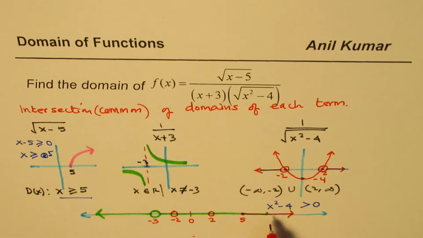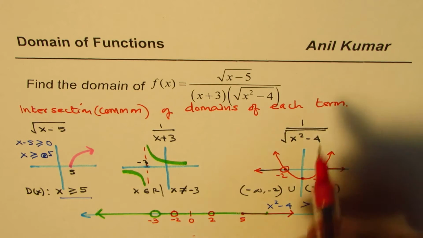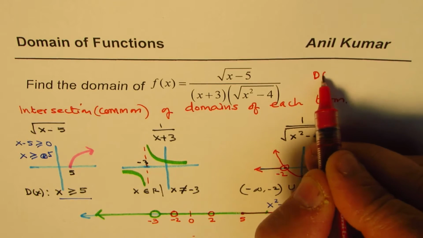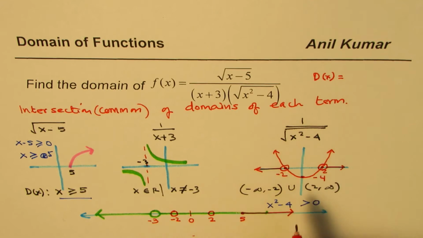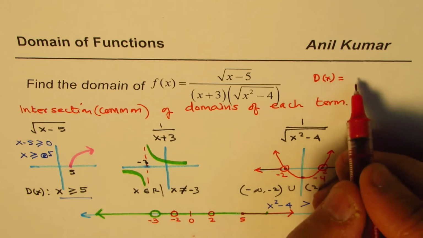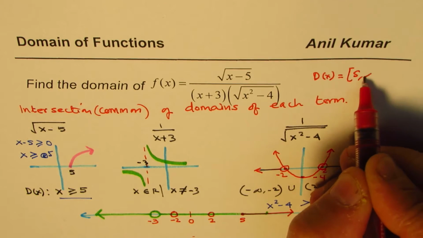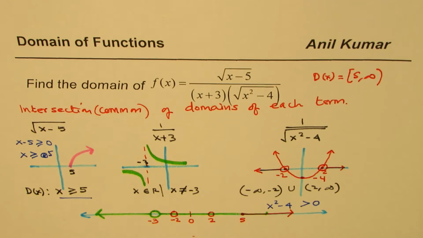So in this particular case, since this is everything, that one is everything greater than 2, right? So we have this thing common, and the domain for this function will be greater than or equal to 5. So I'll write this as 5 to infinity. Is it okay? So that becomes the domain for this particular question.